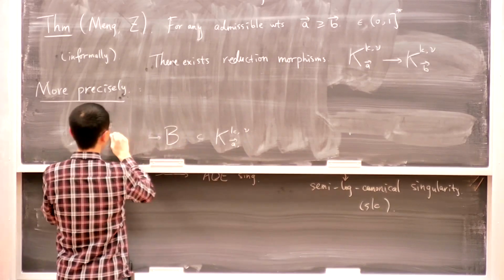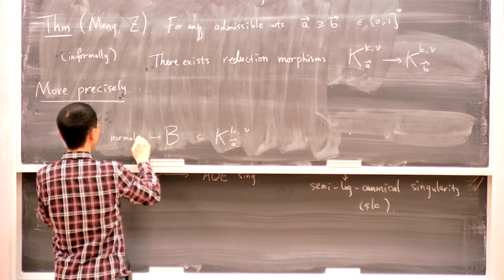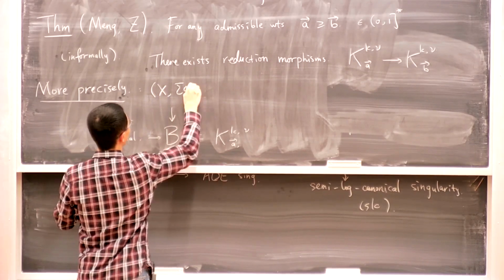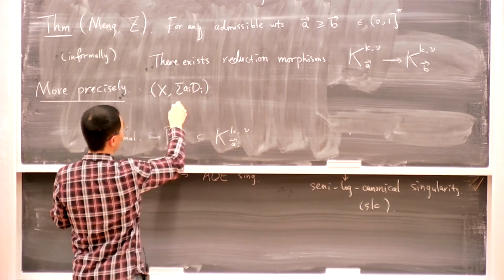Okay, so this is normal. And so I have a universal family, or a stable family.